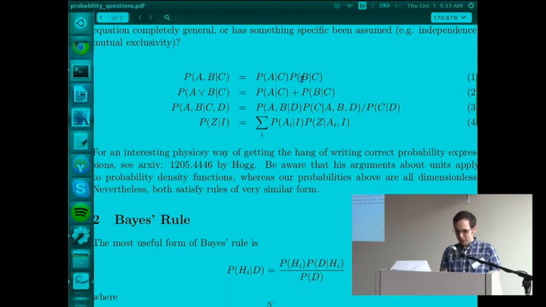So the first question, we were just looking at these equations and seeing where the sum rule was used, where the product rule was used, and where there was an assumption that is not completely general.